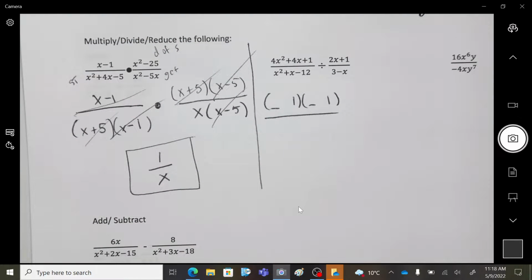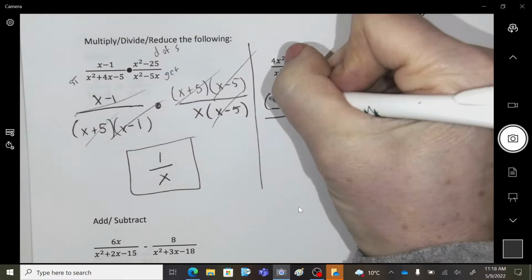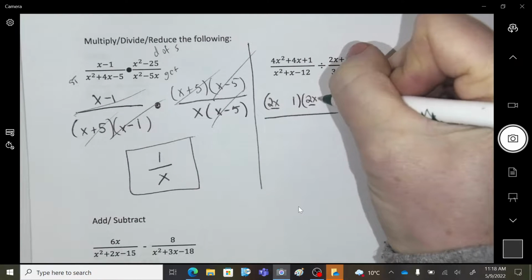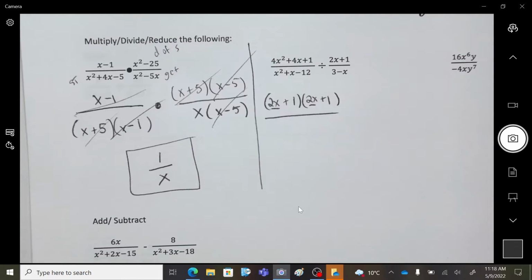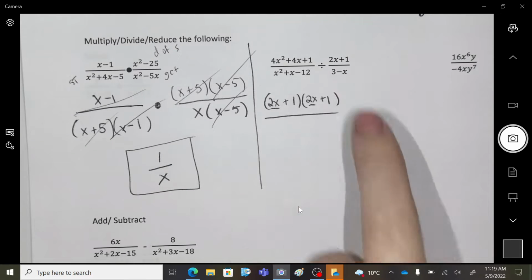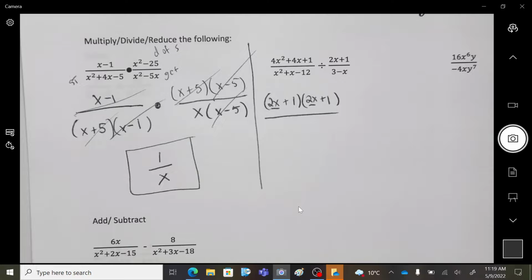Is it going to be 2x, 2x, or 1x, 4x? Those are your 2 options. That's what you're just trial and erroring. 2x and 2x. That's how you're going to get your 4x. Sometimes on these you can look other places for hints as well, maybe. I'm not sure if sometimes that works.